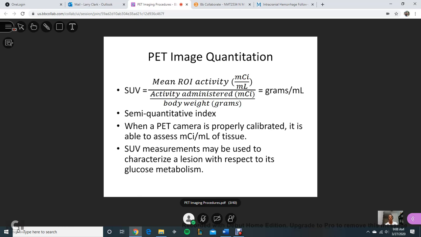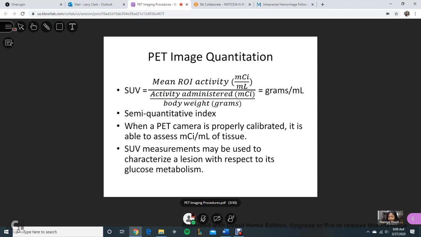That also aids towards getting the proper SUV value. So it's very important that you always get the residual that is left in the syringe, because what was in the syringe minus what is left in the syringe gives you the true amount of what you gave, to help calculate the SUV.